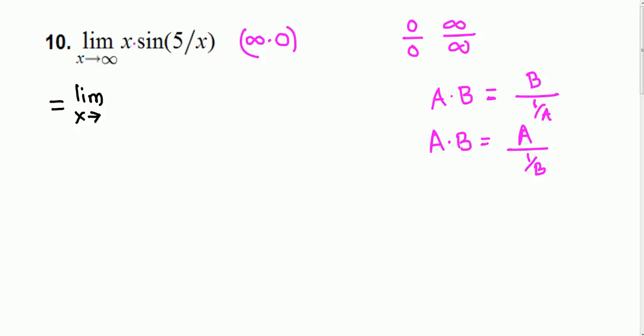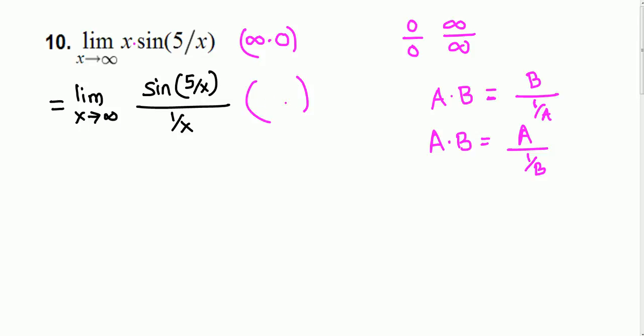Why are we making a fraction? We hope we would have 0 over 0 or infinity over infinity, then to evaluate this limit, we can use L'Hopital's rule. Moving x, since sine 5 over x is more complicated, we put sine 5 over x on the top, and on the bottom the reciprocal of x, 1 over x. Now let's plug in x equals infinity.